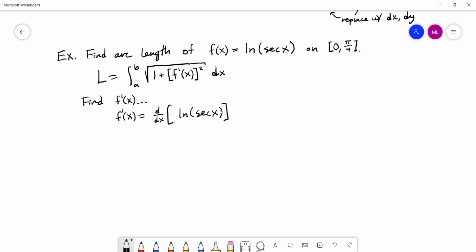This inner function secant of x is just some stuff. So when I take the derivative of log of stuff, what's the derivative of natural log of some stuff? It's going to be 1 over stuff. So 1 over stuff. And that stuff in this case is secant x. Then I need to multiply that by the derivative of the stuff.